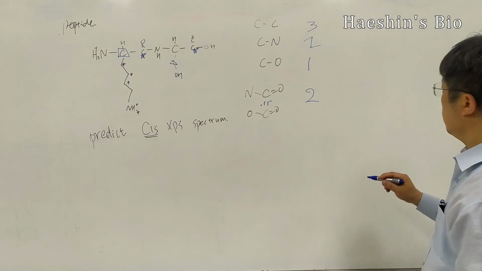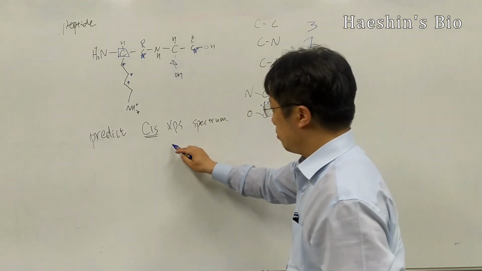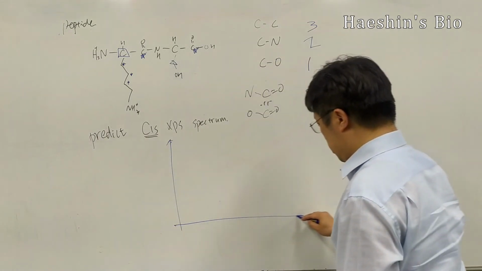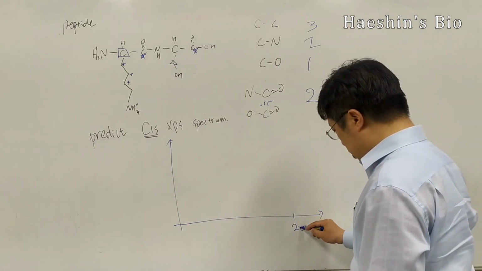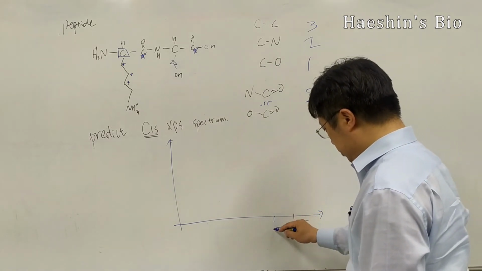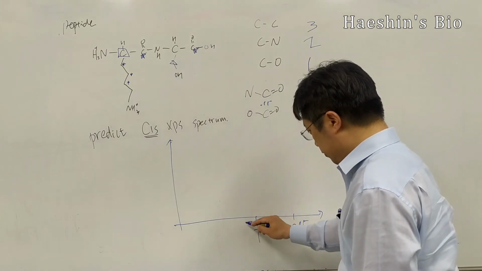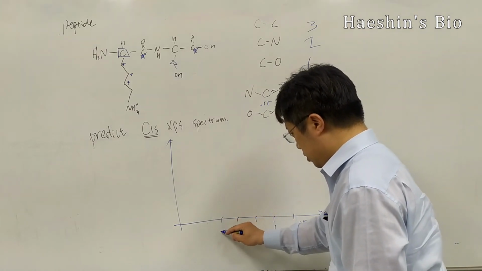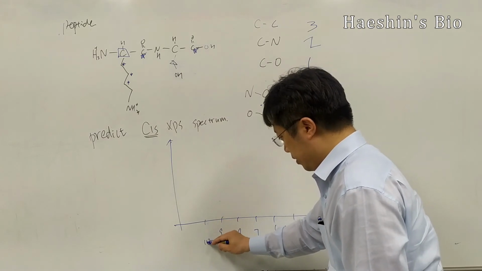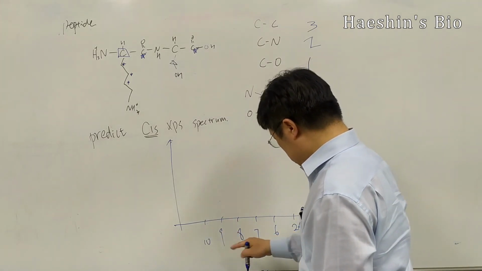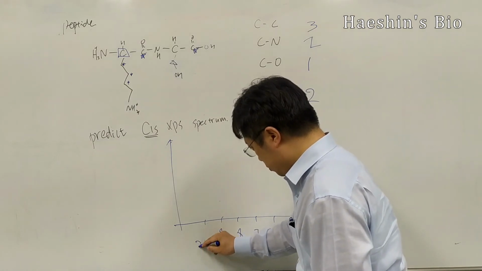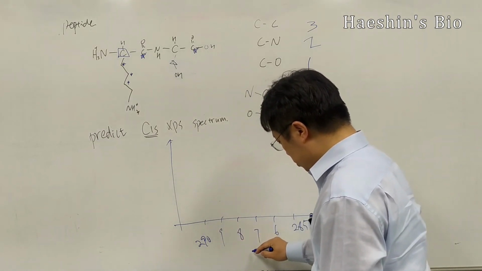Right. So then, if you think about the actual spectrum, this is 285, 6, 7, 8, 9, 10. This is actually 290 electron volt.